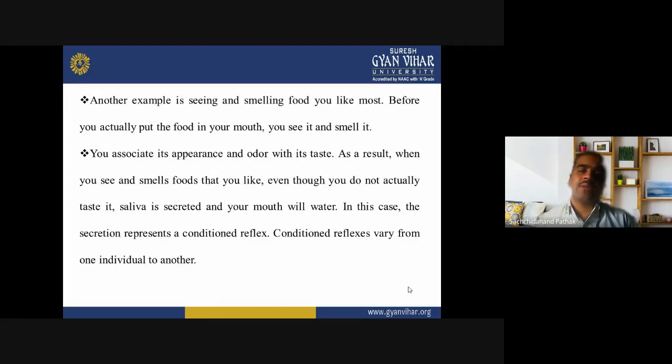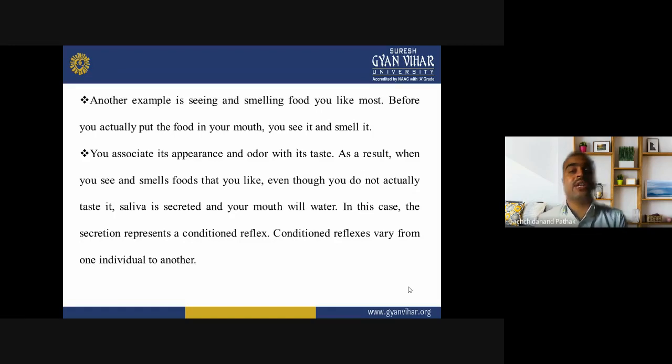Another example: if you are walking through a street and you smell something good, a very delicious fragrance coming from a restaurant, before you put the food into your mouth, the secretion of saliva will start just by the smell. You did not see it, you just smell, and the secretion is released.